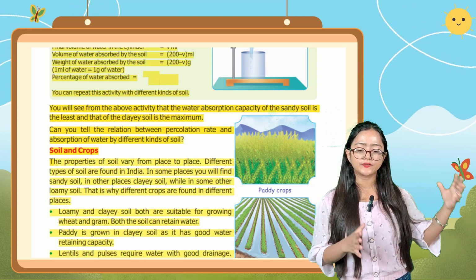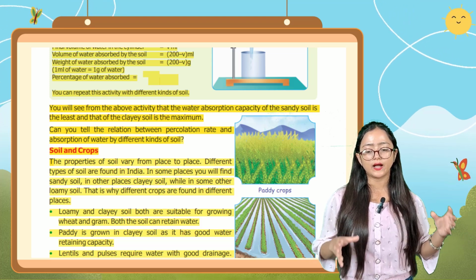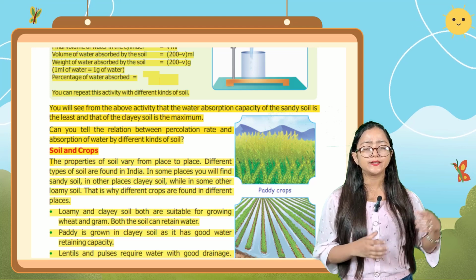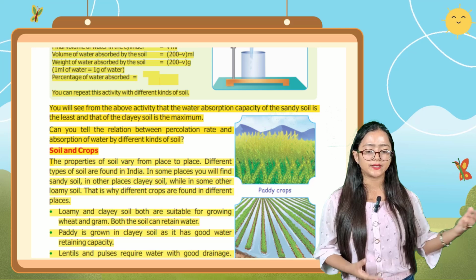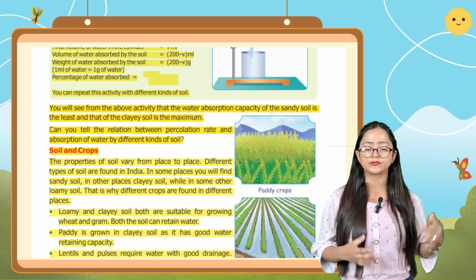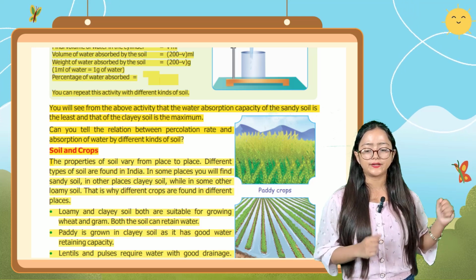Next is soil and crops. The properties of soil vary from place to place. Different types of soil are found in India. In some places, you will find sandy soil, in other places, clay soil, while in some other, loamy soil. That is why different crops are found in different areas.